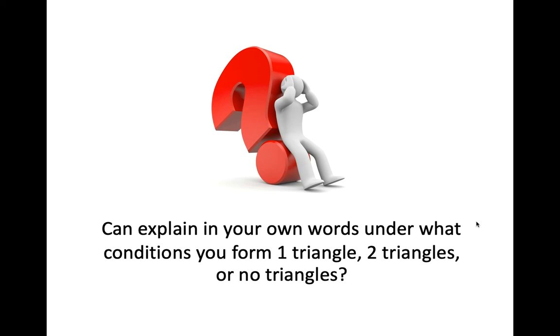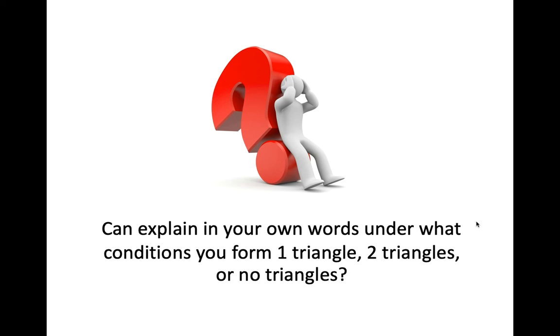So we went back to our table and tried to understand what was happening. What was it that created no triangles? Well, that was when the side A was smaller than the height. What was it that made one triangle? Well, when the side called A was exactly the same as the height, then we made one right triangle.